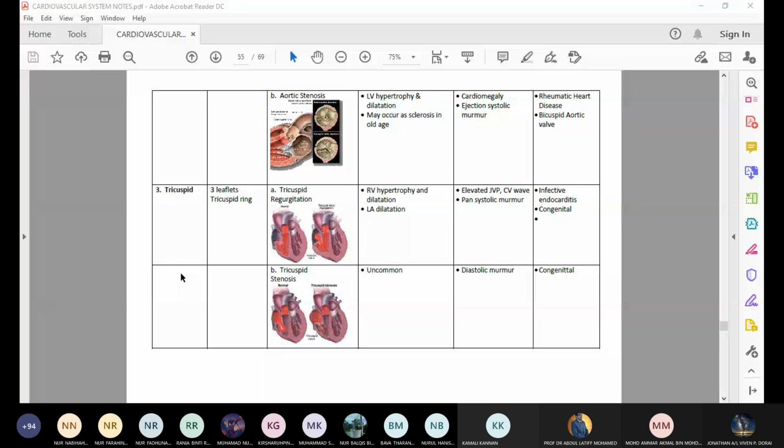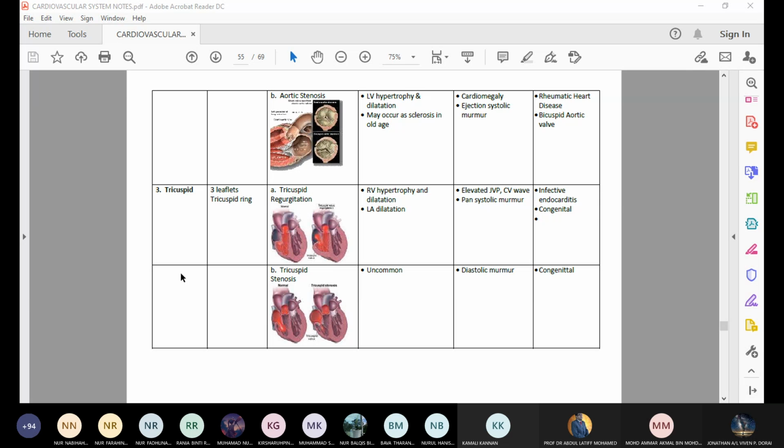Okay, in patients who already have valvular heart disease, if they want to get their tooth extracted, they will need to be on antibiotics before their tooth extraction, during the tooth extraction, and after the tooth extraction.